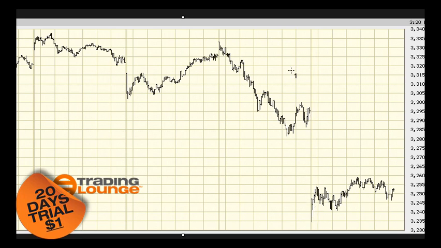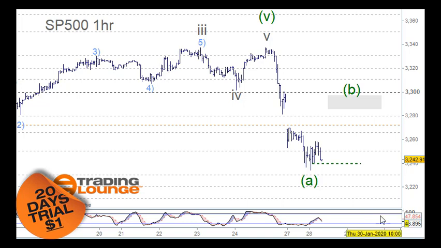So if we looked at this as 1 here and 2 here, then this would be 1 here and 2 here, and then this would be the 3rd wave here. So this is quite in line with a gapping 3rd wave, of waves 1 and 2 and 1 and 2, the 3rd of the 3rd here. So that fits in quite nicely as that 3rd wave structure.